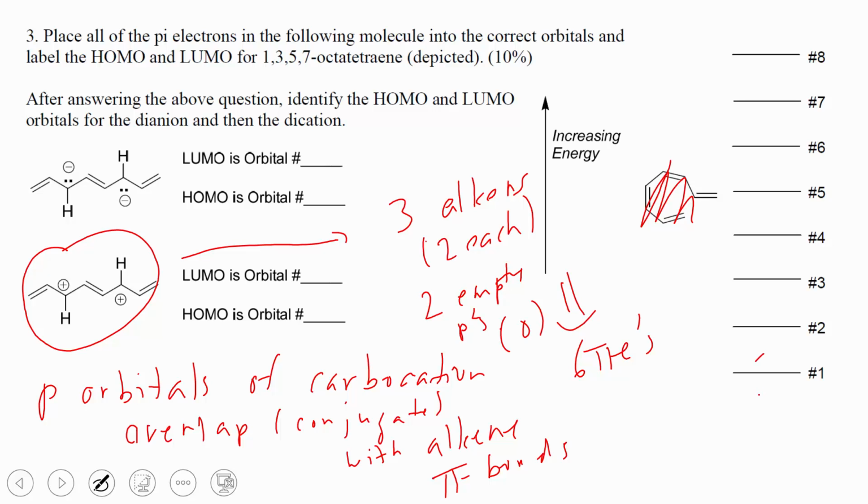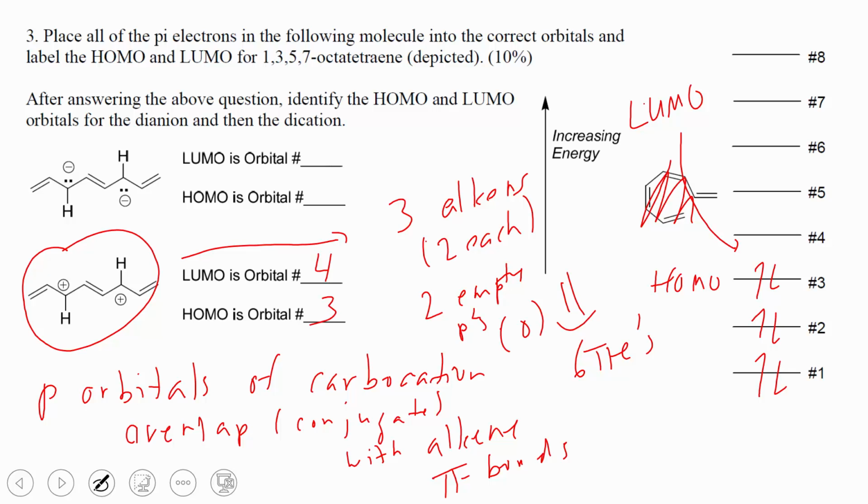So let's put them in: 2, 4, 6. That means this is the HOMO, and this orbital here is now the LUMO. So LUMO is number 4, HOMO is number 3.